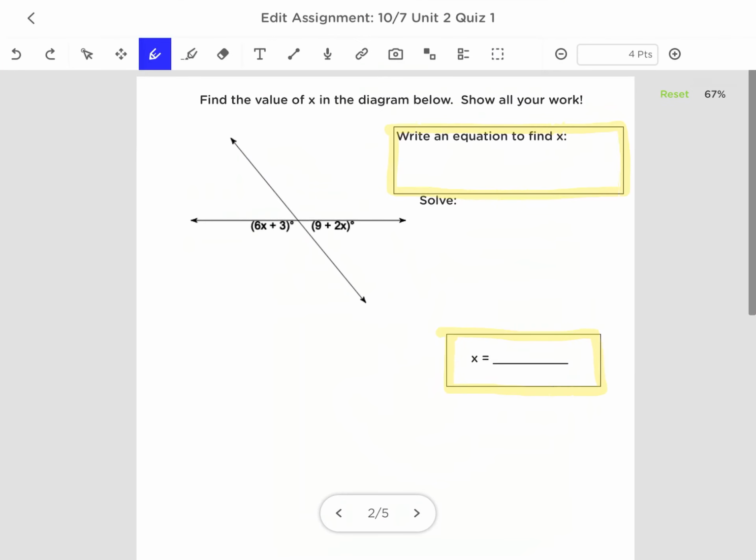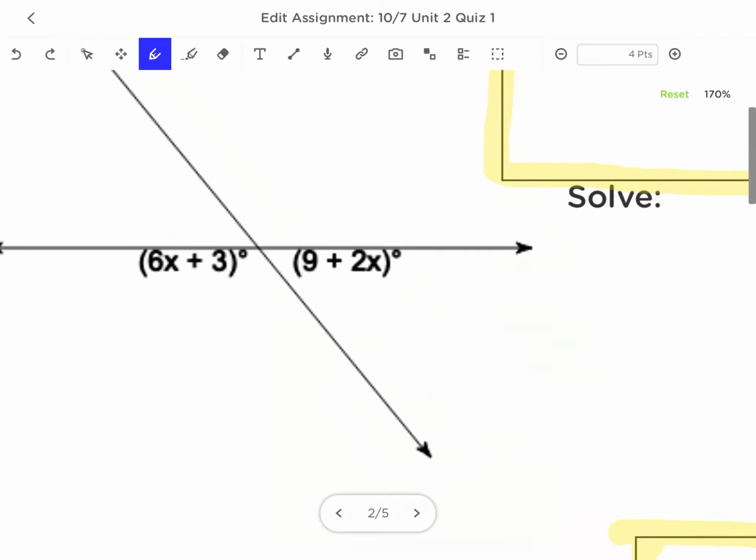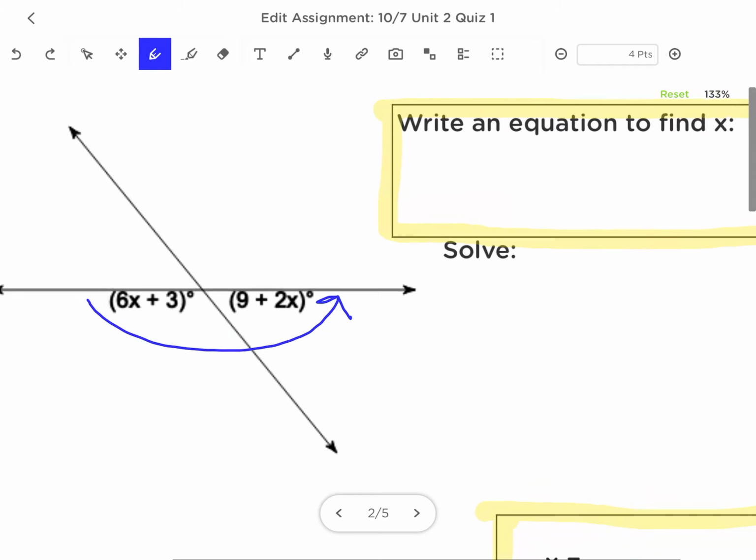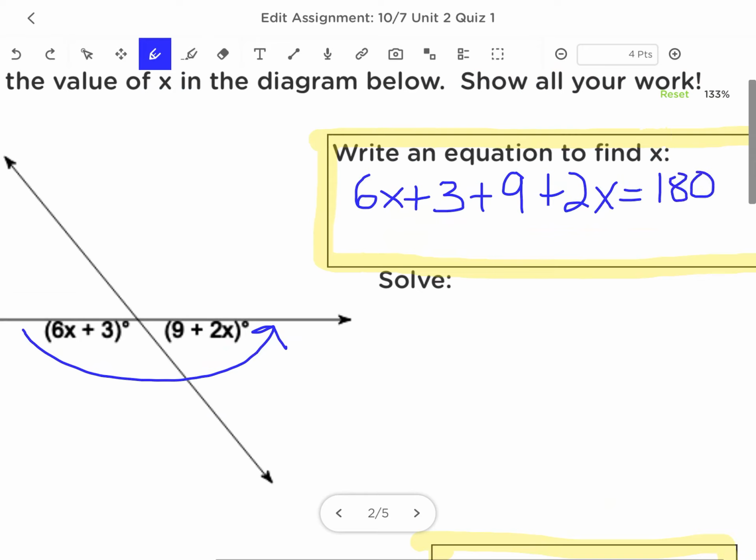All right, on the second page, we want to write an equation to find x. Well, these two angles form a straight angle together, so they're supplementary and they should add up to 180. So we can say 6x plus 3 plus 9 plus 2x should add up to 180 degrees because they form a straight angle. Now we combine our like terms. 6x and 2x is 8x, and 9 plus 3 is 12, equals 180.